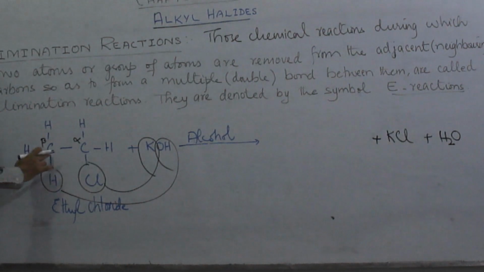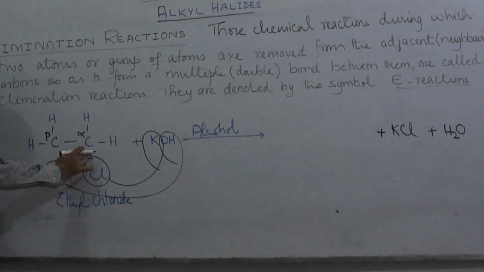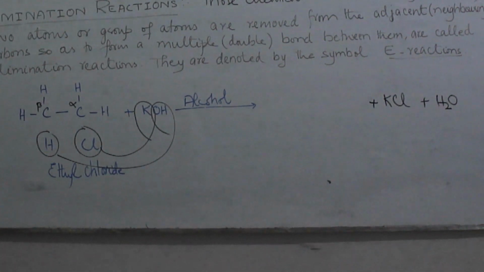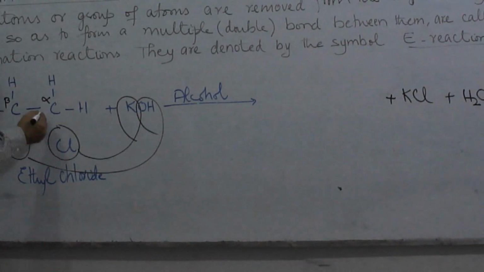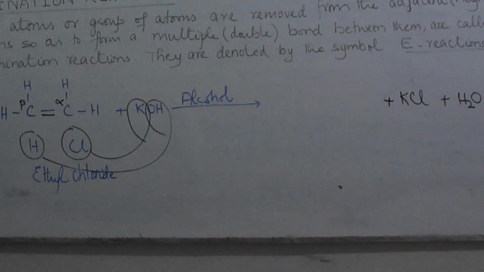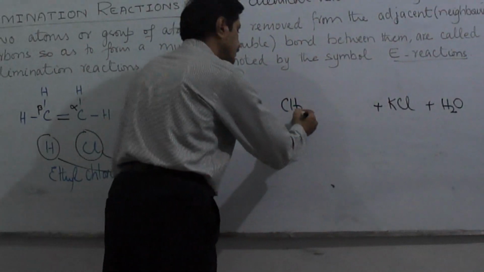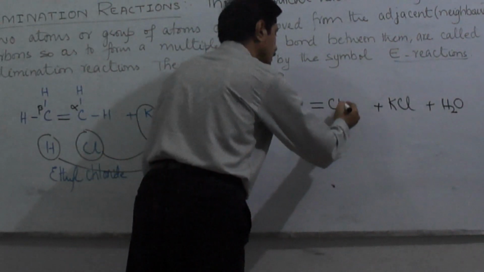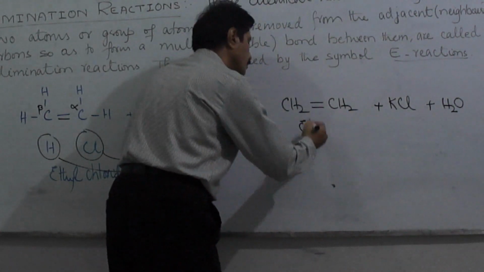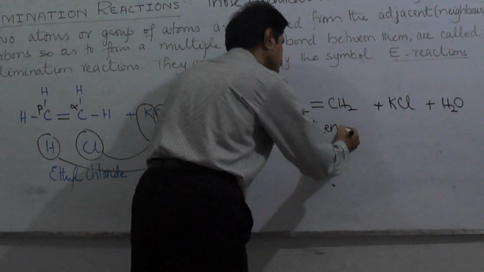What happens as a result of the removal of this hydrogen and chlorine atoms? Double bond will be formed between the two carbons. The main product you will have will be CH2 double bond CH2, means ethene molecule will be formed.